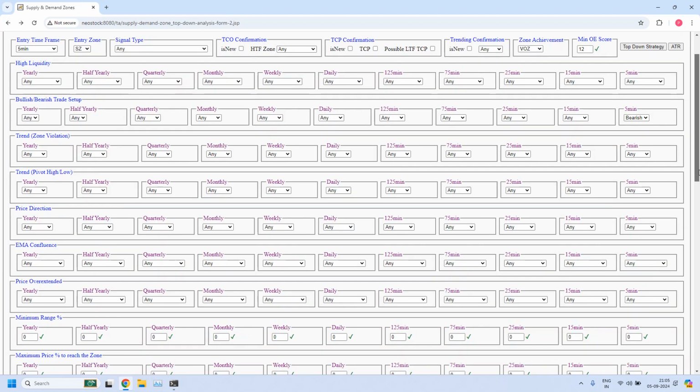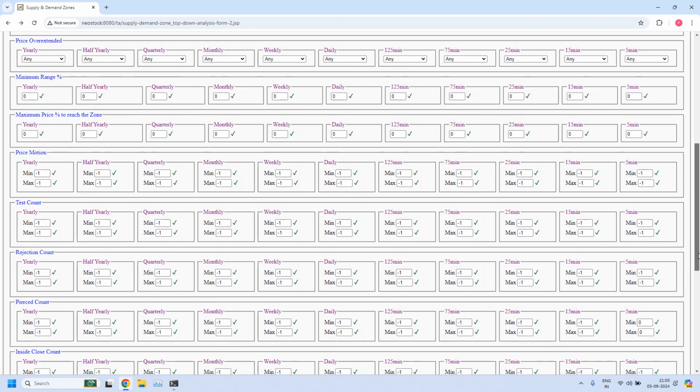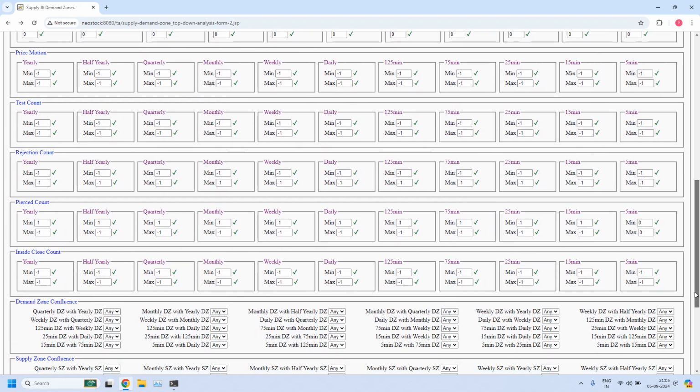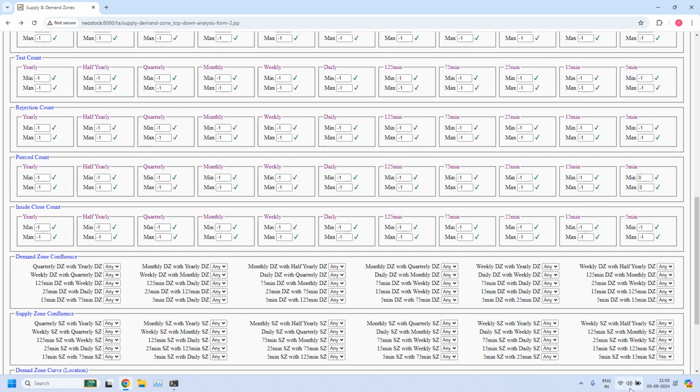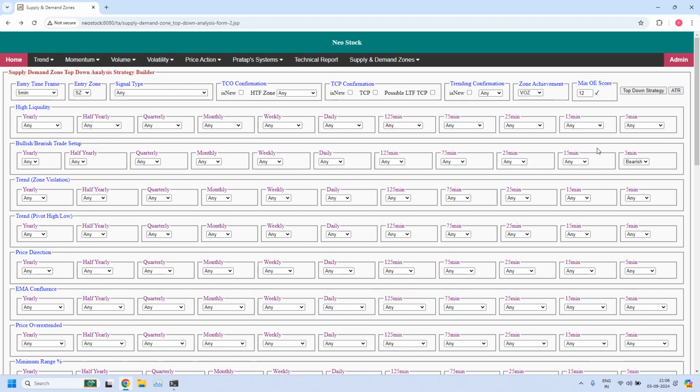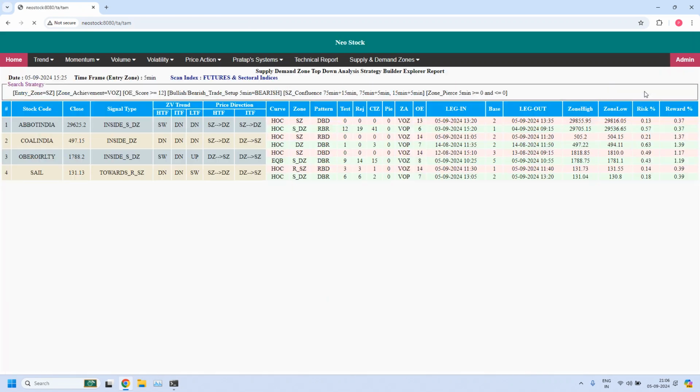Now let's look for LTF, ITF, HTF confluence. 5 minutes and 15 minutes is already enabled. 5 minutes and 75 confluence I am enabling, HTF confluence. 15 minutes and 75, that is ITF and HTF confluence.